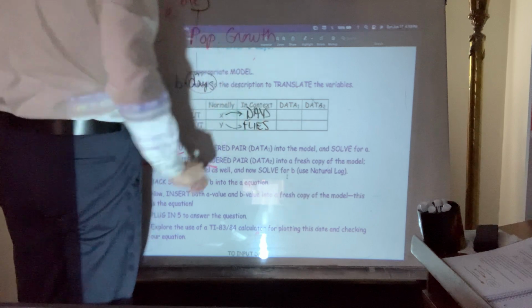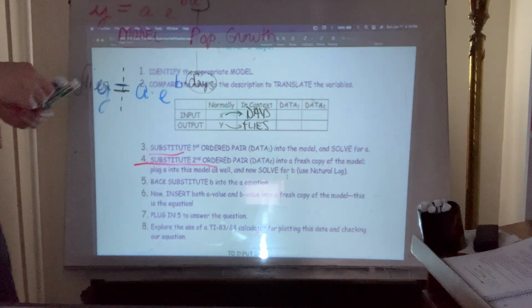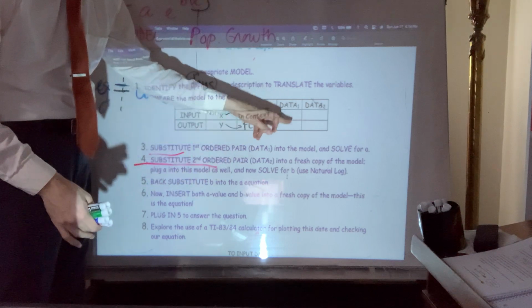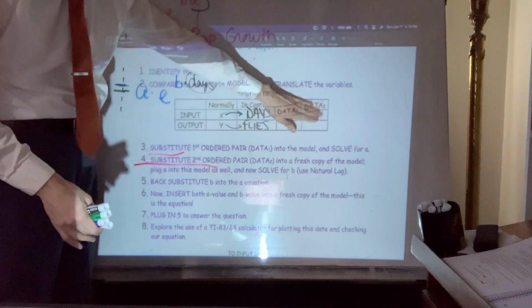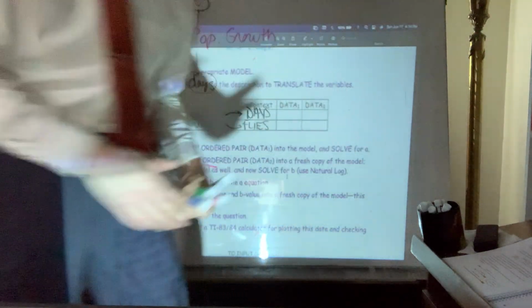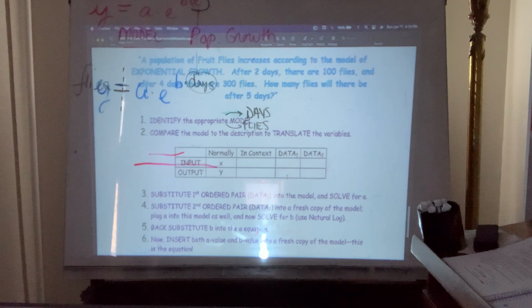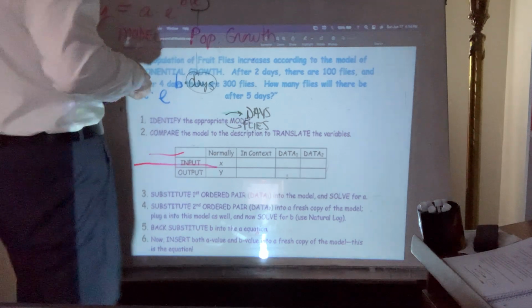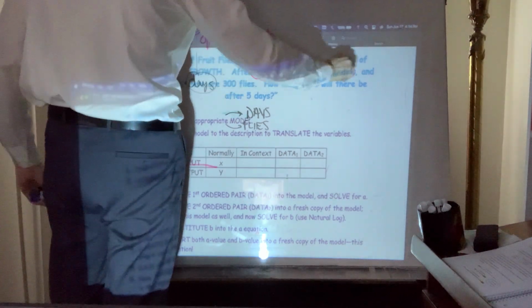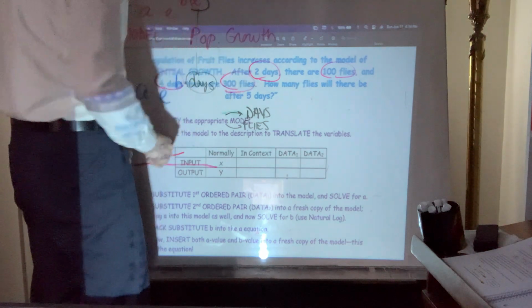And then there's some data that is quoted to you. Think of this as being x1, y1, x2, y2. It's not a lot of data, but it's the best that you have to go with. I'm going to scoot this down just to point at it. Here's the data. 2 days, 100 flies. 4 days, 300 flies.